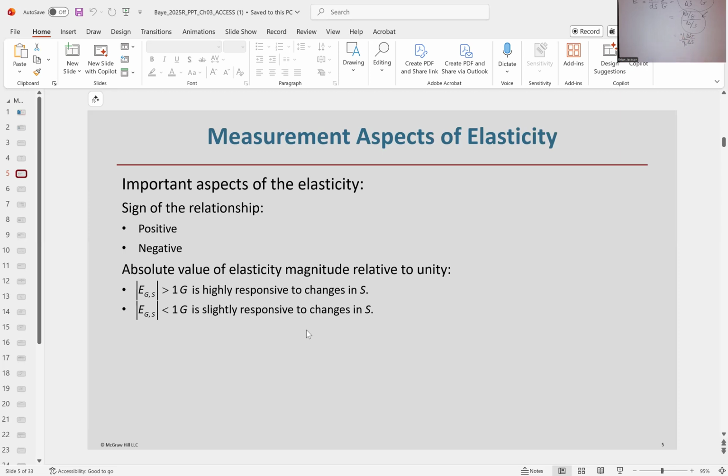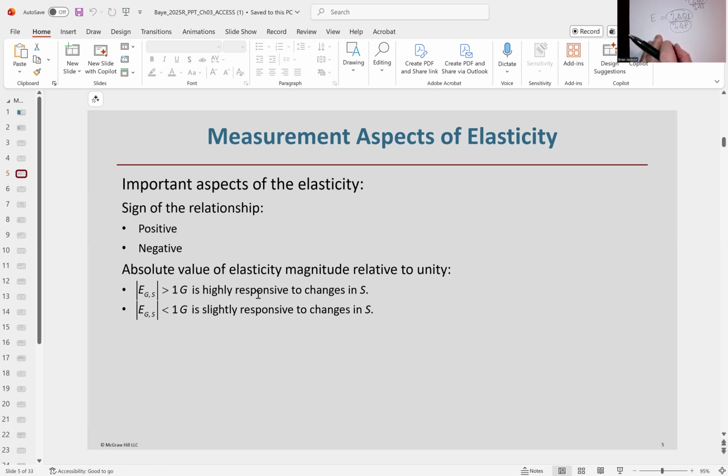So that would say that the percent change in the response variable, I'm not quite sure why your book uses G and S here. We typically talk about simply the price elasticity as being the percent change in the quantity demanded divided by the percent change in the price. And so if this fraction has absolute value greater than one, it means the numerator is bigger than the denominator.